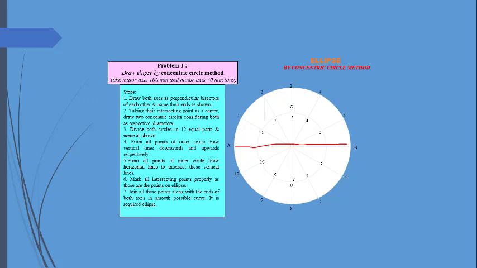After dividing it into 12 equal parts, we will draw perpendicular lines here like this from all of these, and so on. Here you can also see from all these points we will draw perpendicular lines.